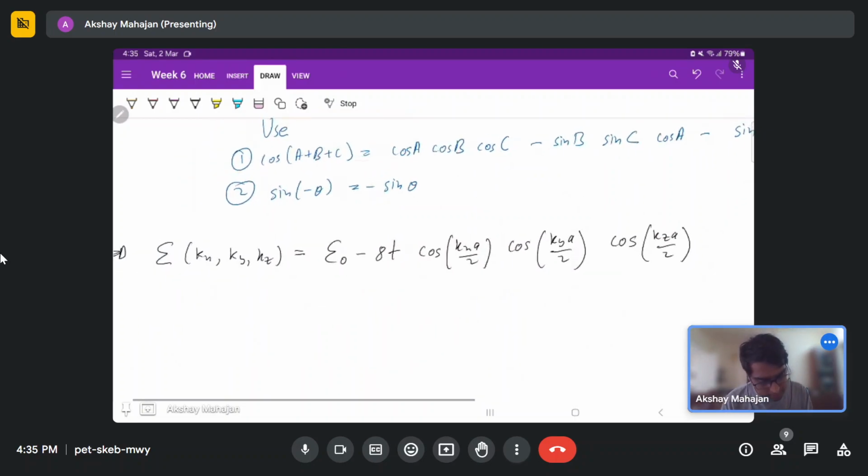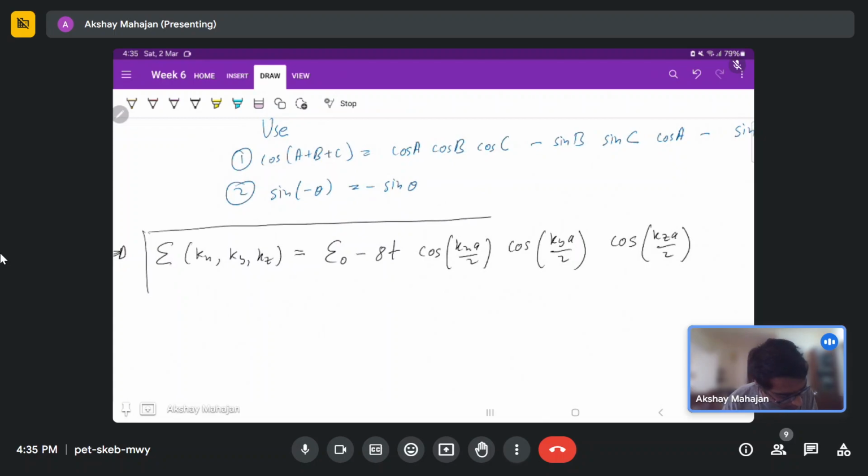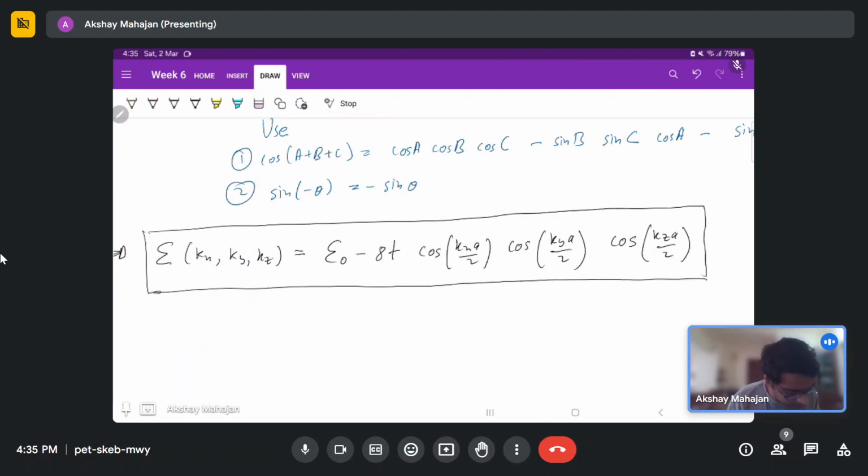Alright, so this is our final answer, the energy dispersion for the body centered cubic structure.